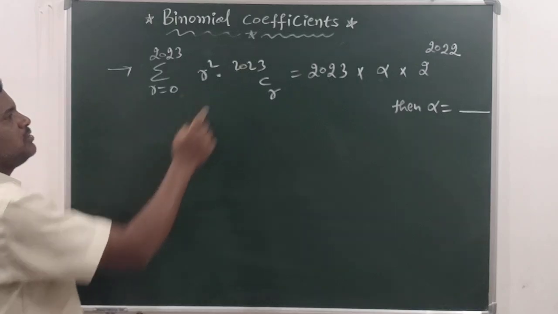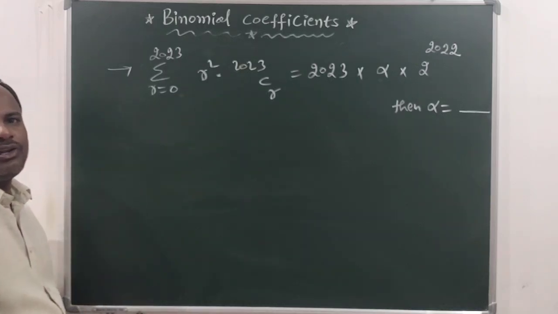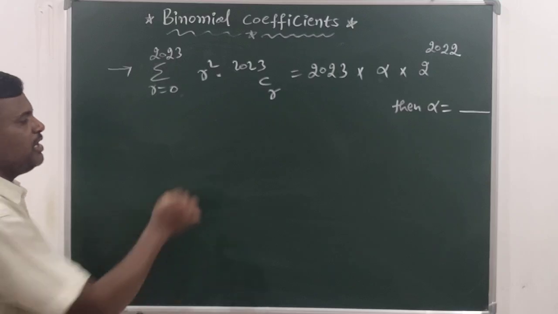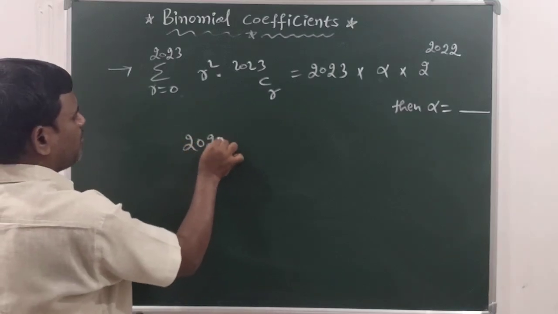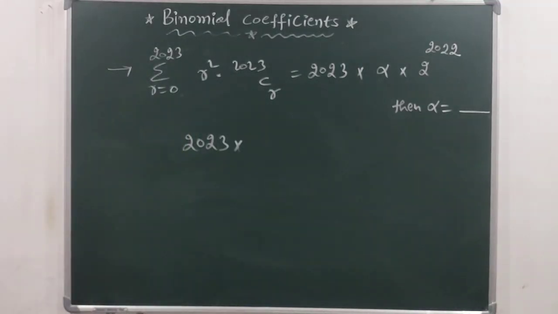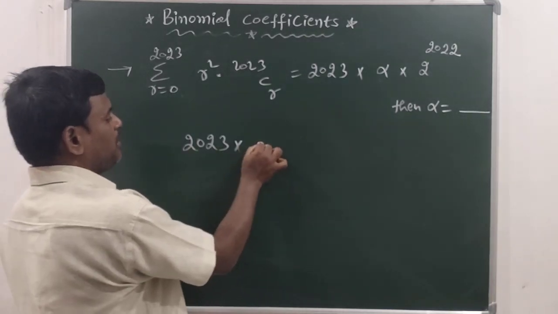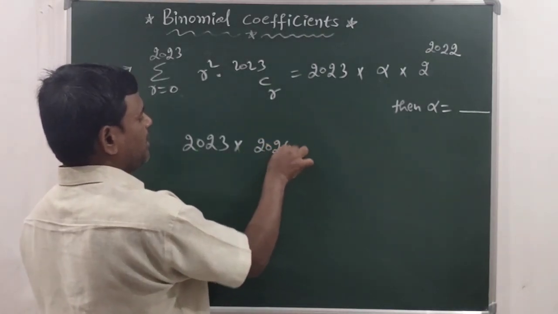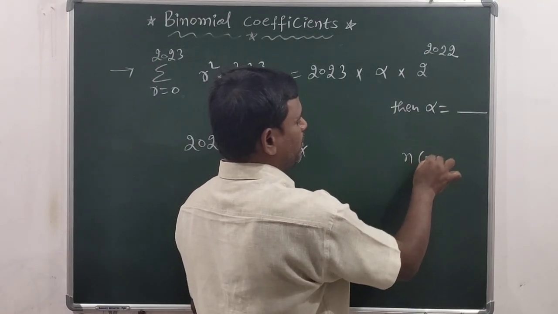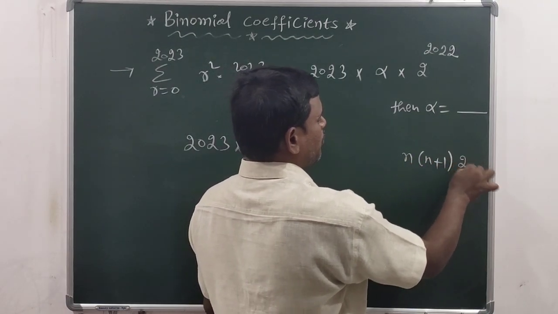Yes, even this one looks like the previous identity only, no? In the place of n, how much is given? 2023. Now n into n plus 1, and n plus 1 is 2024 you will get. The previous formula I am going to apply: n into n plus 1 into 2 power n minus 2.